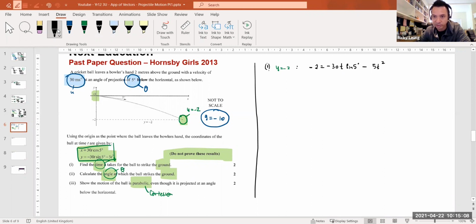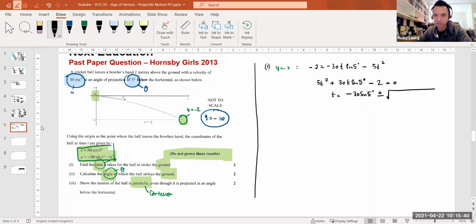So it's a quadratic in terms of t. So let's bring everything over. 5t squared plus 30t sine 5 degrees minus 2 equals 0. Sub into the quadratic formula, which isn't pretty, but it's just calculator work. Plus minus. Now, obviously the minus case would be when it lands backwards, right?